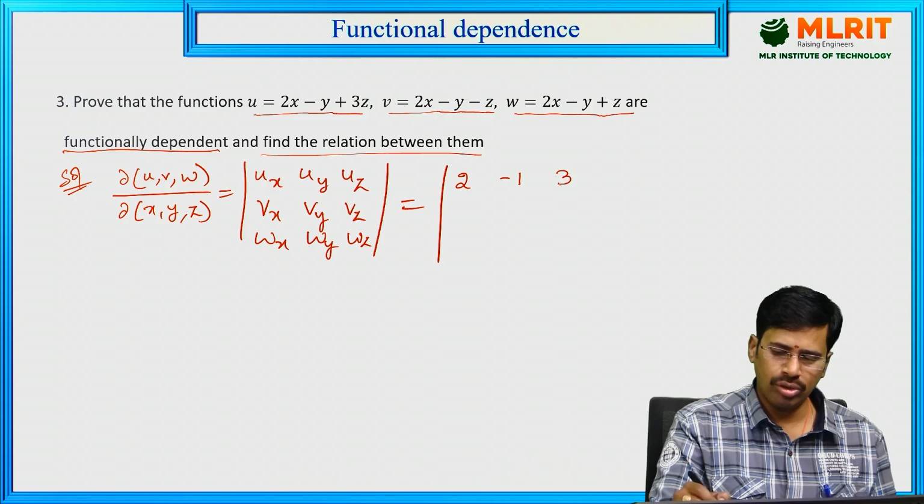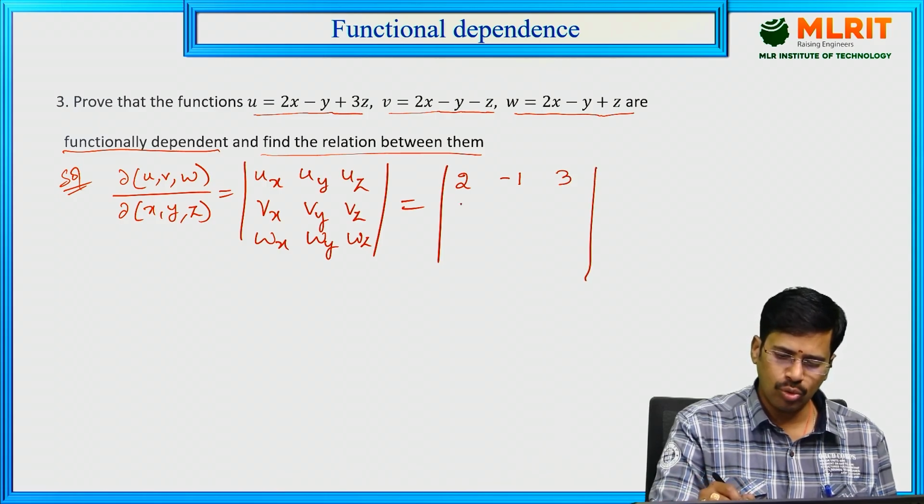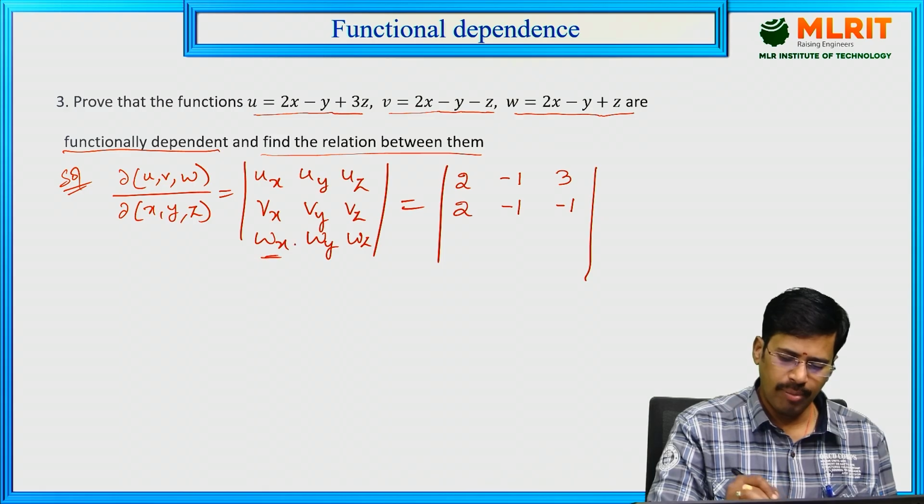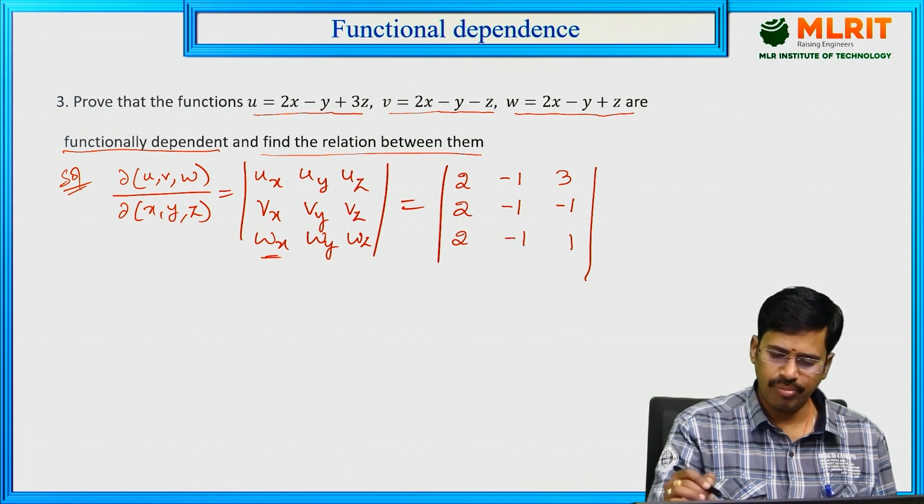Dou u by dou z, 3. Next, dou v by dou x is 2. Dou v by dou y is -1. Dou v by dou z is -1. Next, coming to dou w by dou x, that is 2. Dou w by dou y, with respect to y, if we differentiate, we get -1, and last +1.